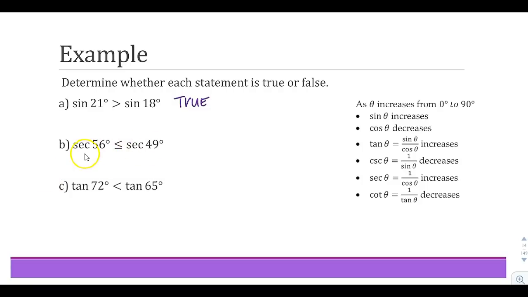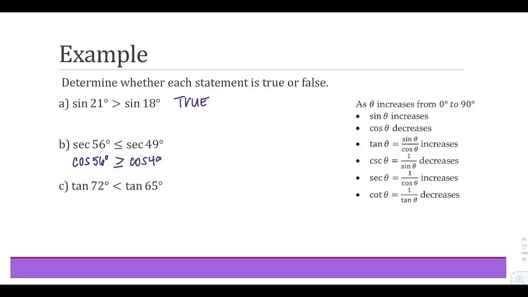The next statement: secant of 56 degrees is less than or equal to secant of 49 degrees. We can use the comparison and think about what we covered. But the other option would be, instead of thinking about secant, take the reciprocal. So I can think about cosine of 56 degrees instead, but I'd have to flip the inequality.